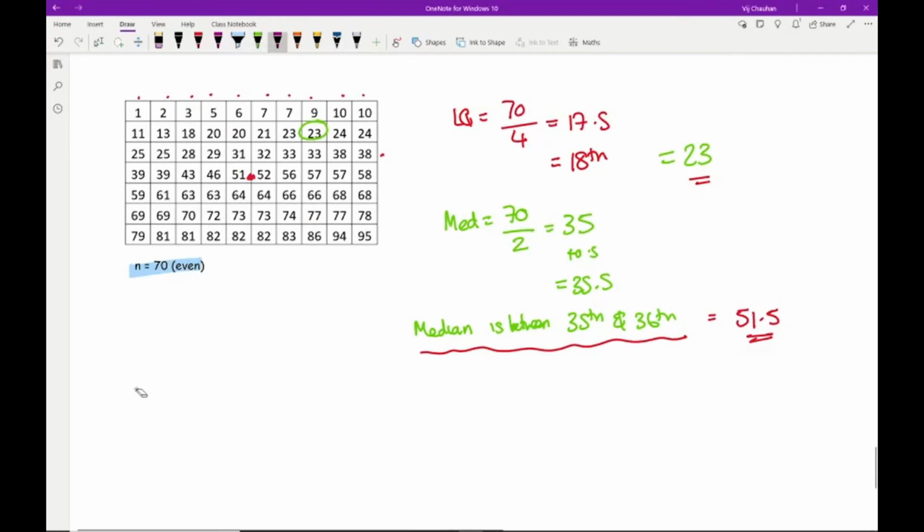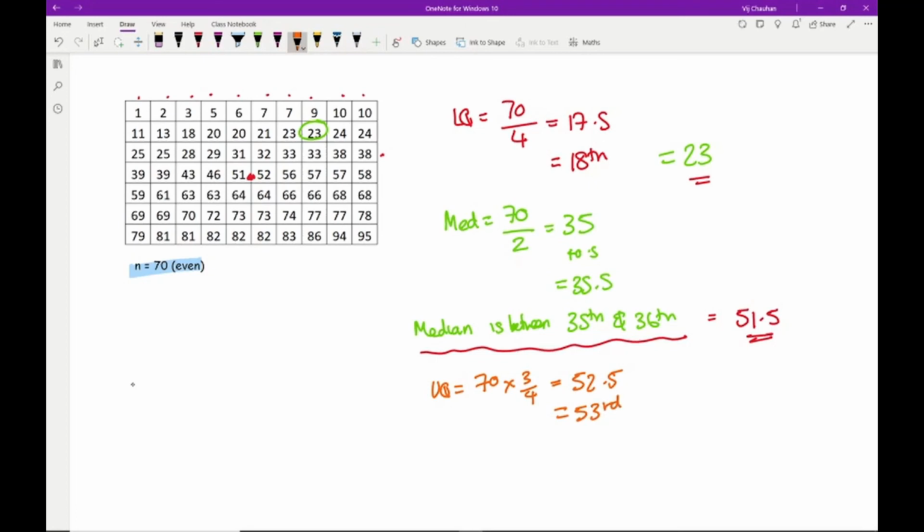And finally, to work out the upper quartile, what I need to do is 70 times 3 quarters, or 3 times 70 divided by 4. And if I just quickly work that out, I get 52.5. Now because that's a decimal, I round it up to 53, so it's my 53rd number.